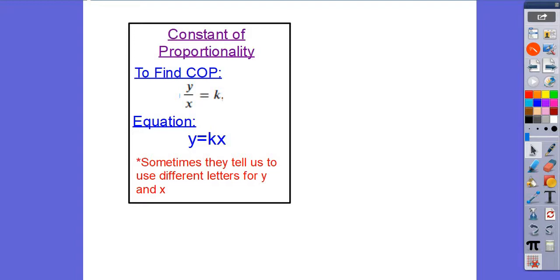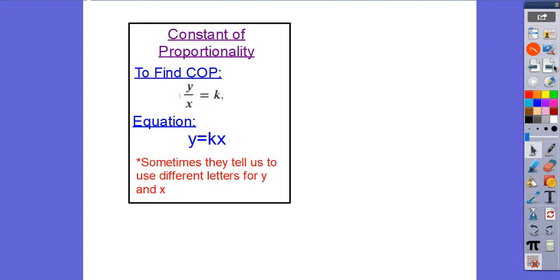And again, we're going to title this constant of proportionality. Some of it's kind of repeated like last lesson. To find COP, well obviously COP stands for constant of proportionality, I was just being lazy. To find it, it's y divided by x, and that gives me k.